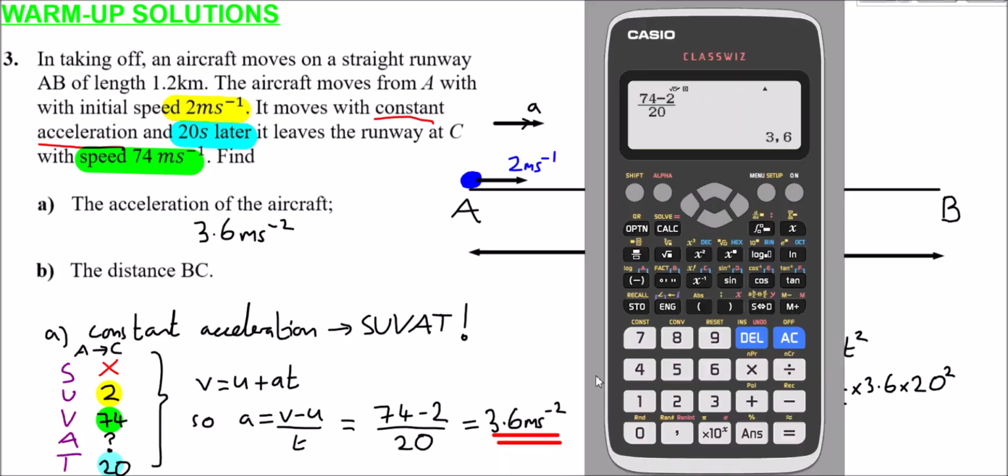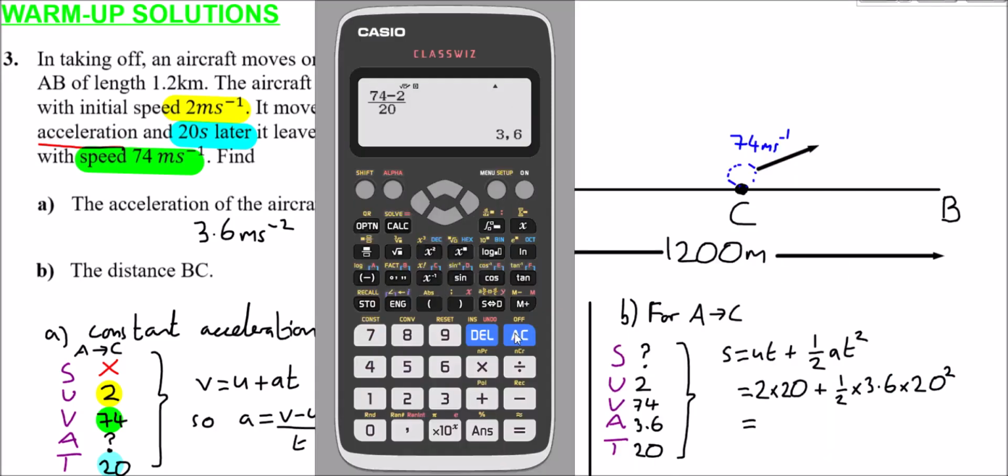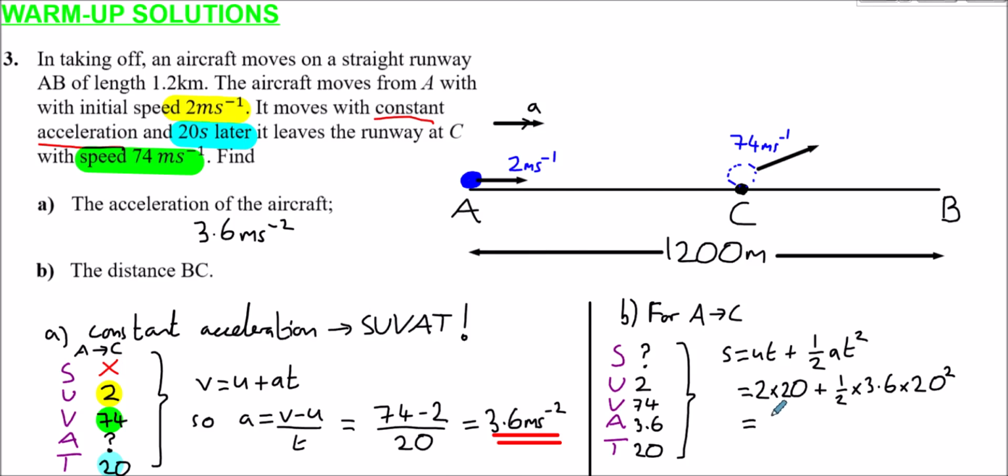So if we just get the trusted Classwiz to do the hard work for us, we've got 2 times 20 plus 1/2 multiplied by 3.6 multiplied by 20 squared. And that gives us 760 meters.